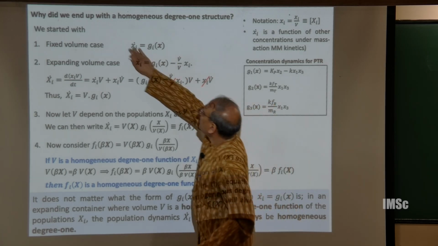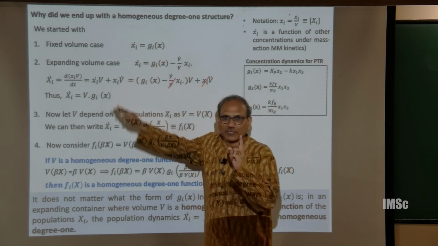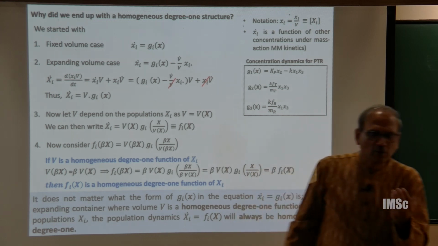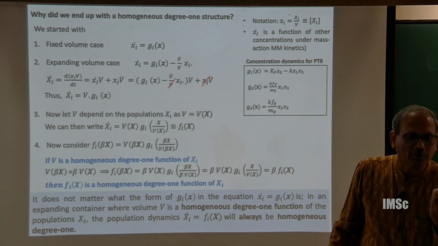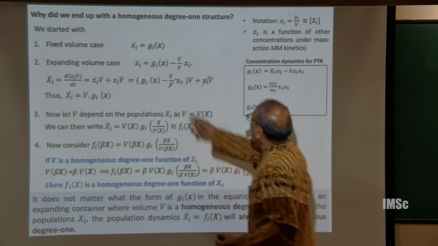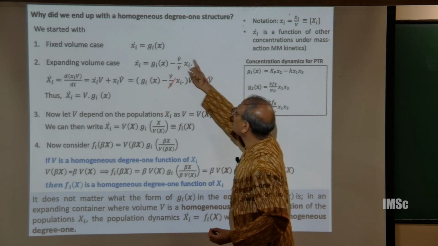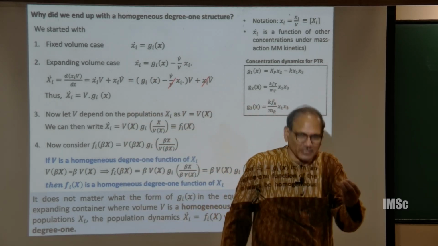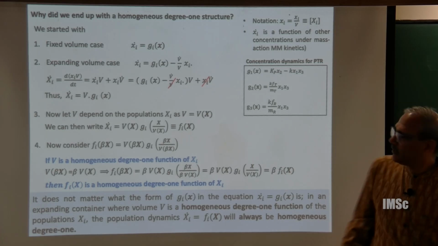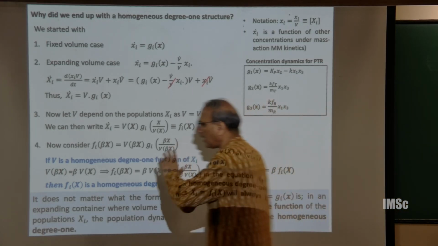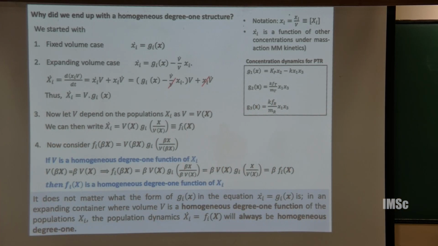So if this is your concentration dynamics locally, and this is the concentration dynamics in a fixed volume, then in an expanding volume, this is what your concentration dynamics will be. Okay? These functions gi are now completely arbitrary. You can have mass action kinetics of any order.